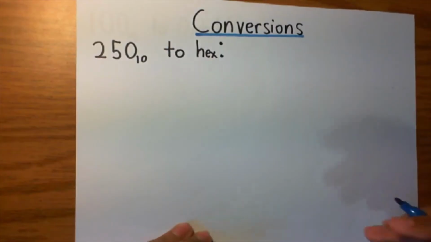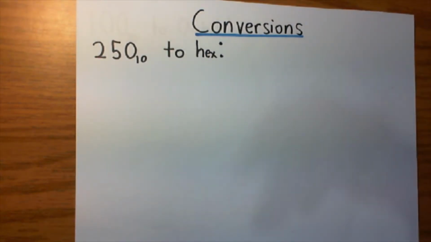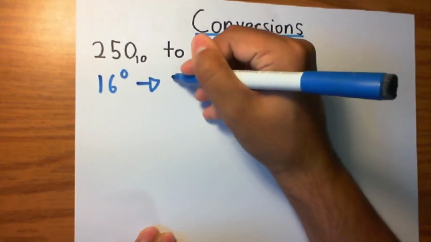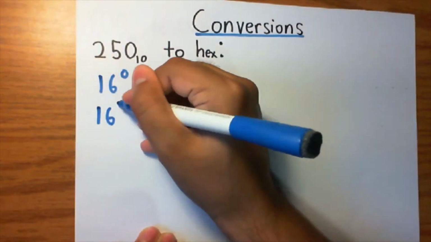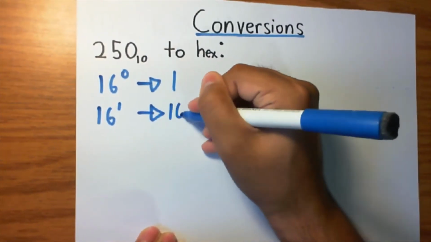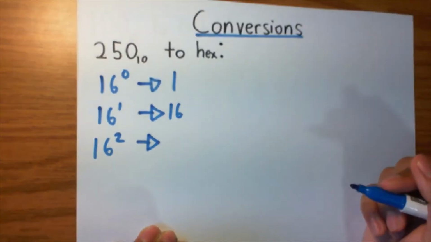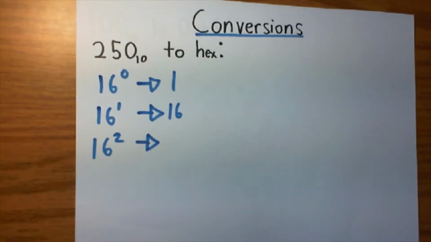What we want to find is the maximum value in hexadecimal that is equivalent to a value in decimal. So for example, we know 16 to the 0 is 1, 16 to the first is 16, 16 to the second. Let me actually pull out my calculator because I don't know this off the top of my head.